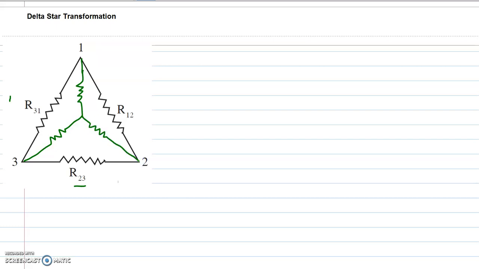The resistance connected to point 1, I will name R1. Similarly, the resistance connected to terminal 2, I will name R2. And the resistance connected to point 3, I will name R3.